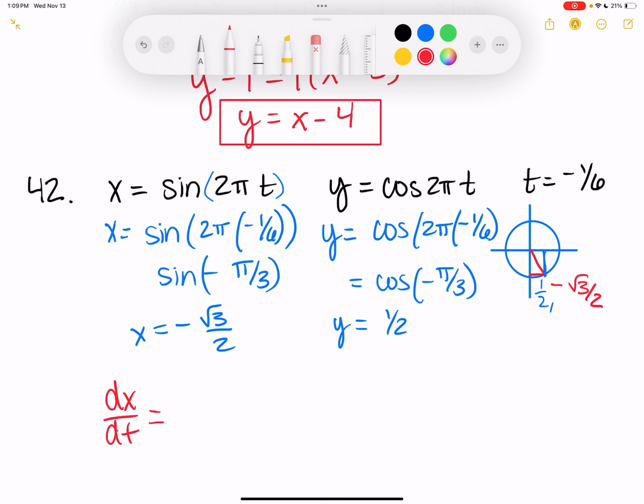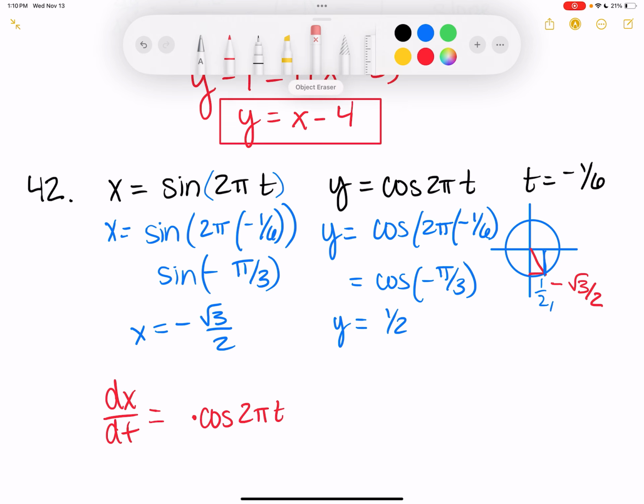So what is the derivative of sine of 2 pi t? Cosine of 2 pi t times 2 pi. Yep, times 2 pi. Almost forgot that pi was a constant.